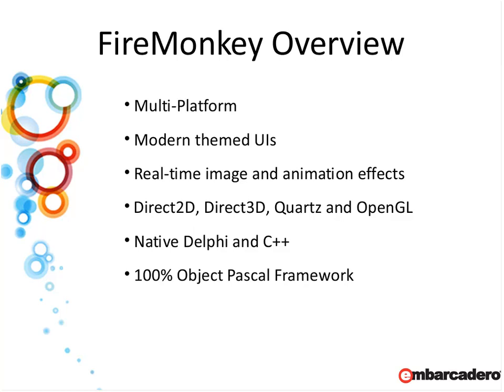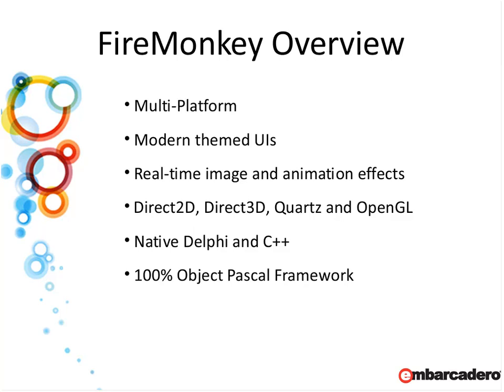Also new in FireMonkey, we have styles that you can apply to user interfaces, so you can create really modern themed user interfaces. And we're also able to apply real-time image and animation effects to your UIs and different components that you're adding to your applications. So this is a really neat feature of FireMonkey. You can create very nice visual-looking user interfaces based on vector graphics, so they're scalable for all the different devices.